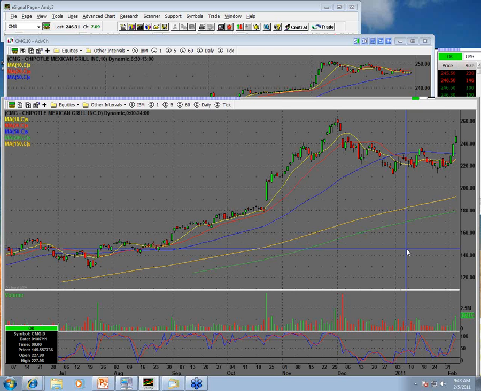Do you watch this? We primarily play off of the charts. We pick our directions and our spots off of the chart, but we will look at the level 2 to time the entry, or rather time when to hit the button and take the trade.